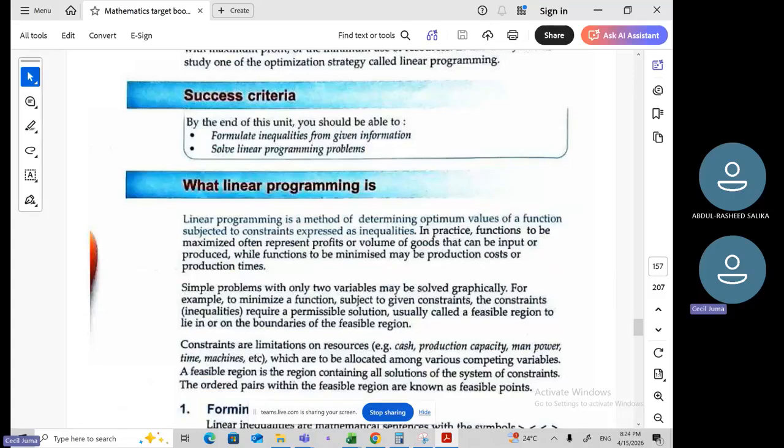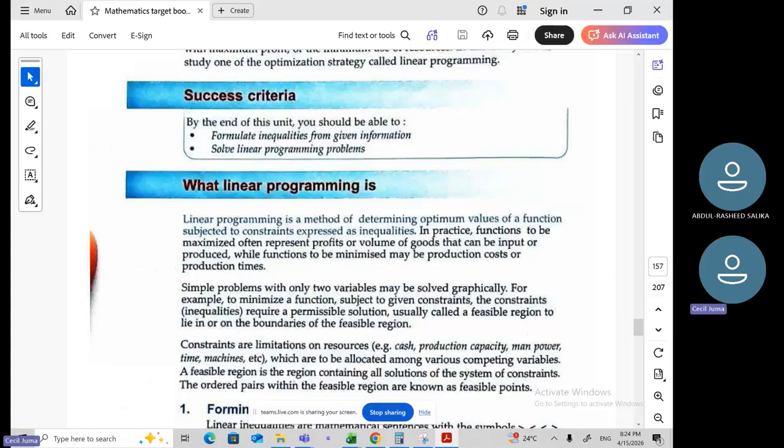For inequalities, I think for Form 3, I have a lesson on that one. You may check my YouTube channel or Facebook page. So we will use inequalities whenever we are dealing with linear programming problems.